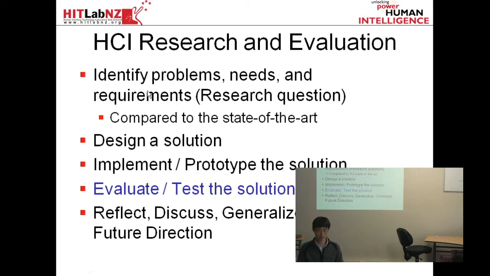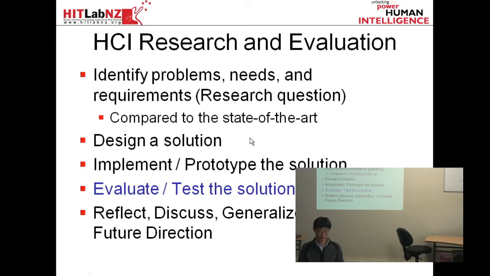So last week we talked about how the evaluation fits within the process of HCI research, which is first identifying problems and needs, and then comparing with the state of the art, which was the assignment that I gave you. So hopefully you have had time to look into Google Scholar or other websites where you can find academic papers around your topic of interest.